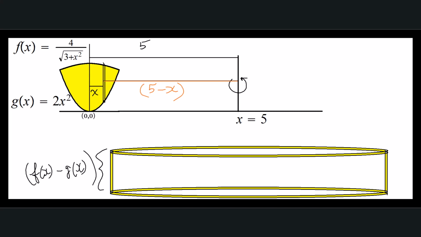So the volume of this elementary portion is 2 pi times the radius, which is the circumference of the circular part when you open it up, times the thickness delta x, and then multiplied by the length f(x) minus g(x).